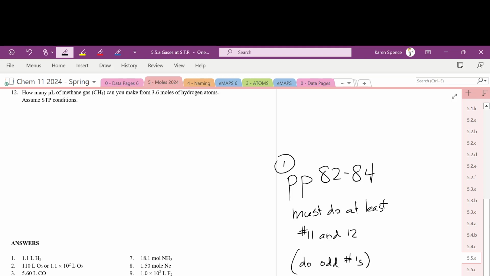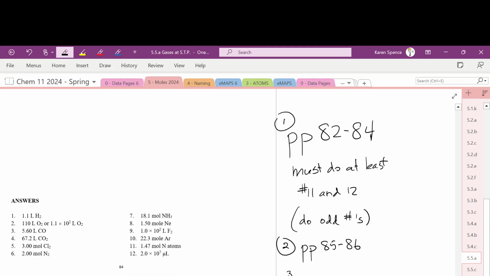So 87 to 90. Actually, no, let's just do the odd numbers. Spread them out over the weekend. They'll review a bunch of concepts for you, okay?